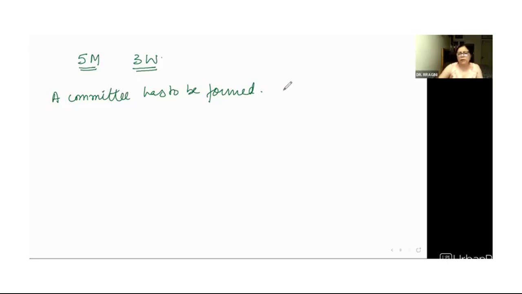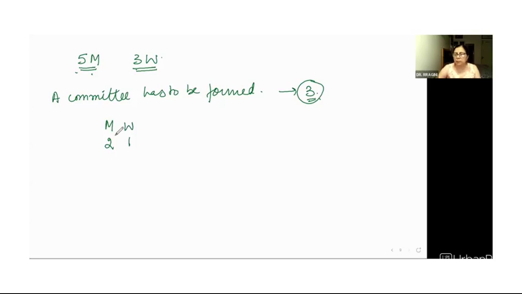Right? Total we have to select 3 people. Out of how many? 5 and 3, 8. 8 people are there, but we have to form a committee of 3 people. And exactly 1 woman should be there. That means if 3 people are there, how many men do we require? We require 2 men and we require 1 woman.